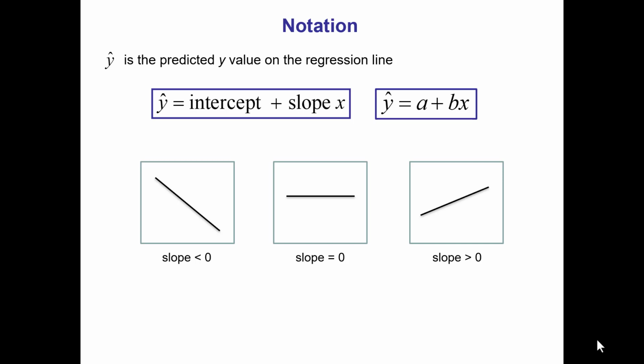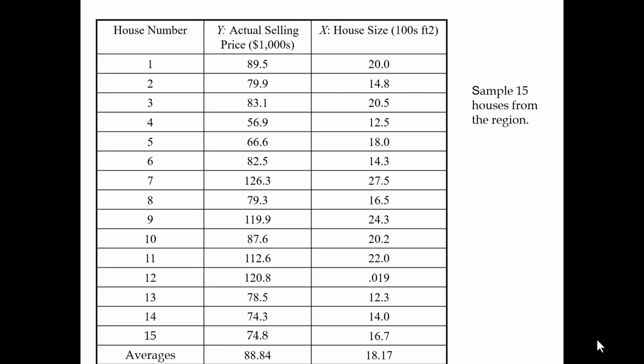If you had zero relationship between x and y, two random variables that have no relationship, then beta, the slope, would equal 0, and you would have a straight horizontal line. And then if you had a positive relationship, as x increases, y increases, you would have a slope that is greater than 0, that's positive, right?